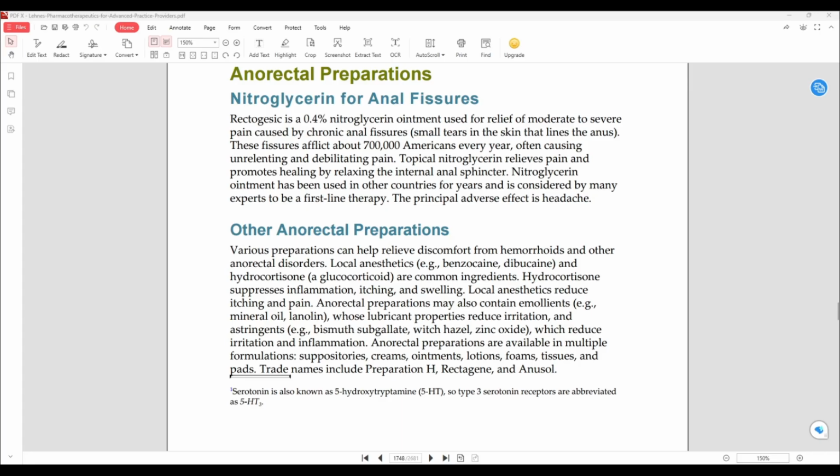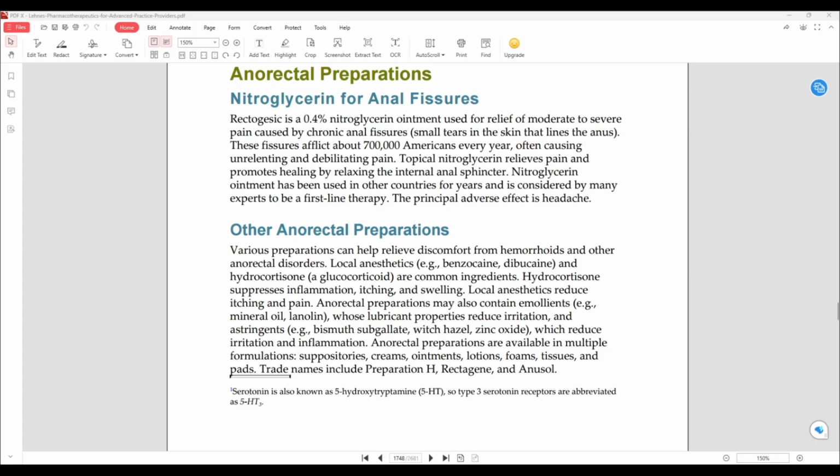These fissures afflict about 700,000 Americans every year, often causing unrelenting and debilitating pain. Topical nitroglycerin relieves that pain and promotes healing by relaxing the internal anal sphincter. Nitroglycerin ointment has been used in other countries for years and is considered by many experts to be the first-line therapy. The principal adverse effect is headaches.